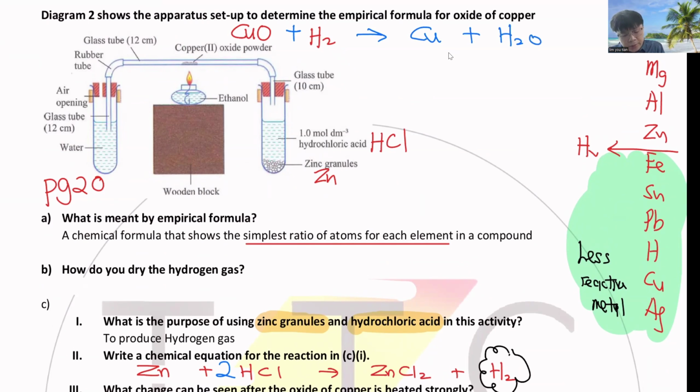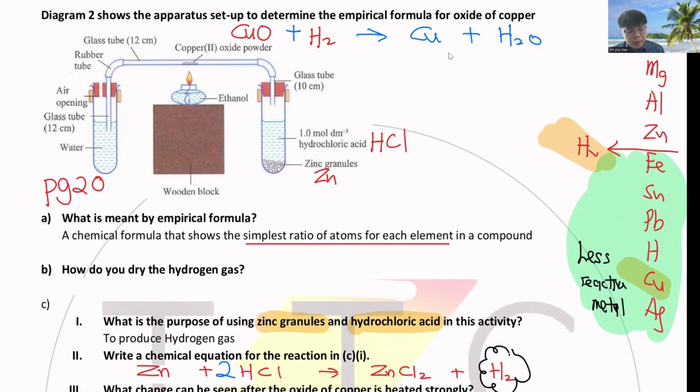When more reactive, it can take away oxygen from the copper. You can see hydrogen is here, copper is here. So hydrogen is more reactive than copper, so it can take away the oxygen from the copper(II) oxide. Then after that, it forms back copper.